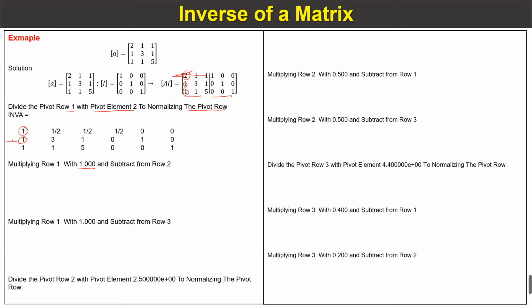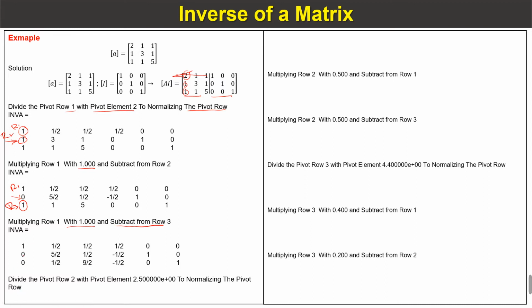This one is R2 and this one is R1. After this, we can see that this is 0, and similarly we will also make this term 0. Now again, multiply row 1 by 1 and subtract from R3. This one is R3 and this one is R1.